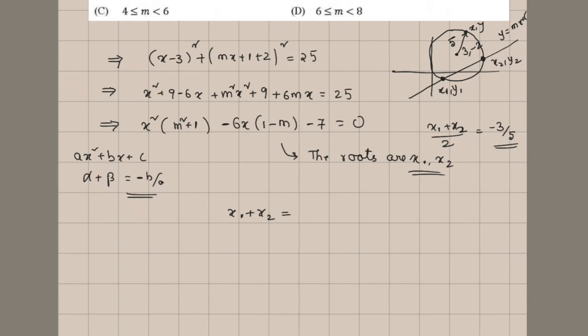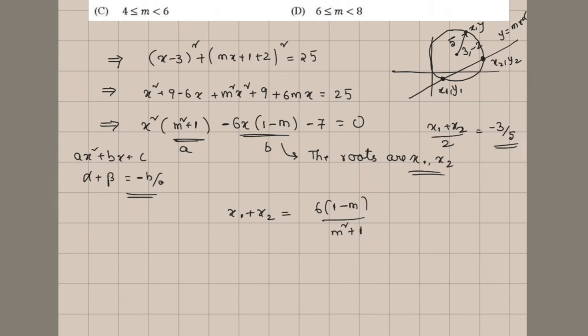Minus b is minus of minus 6 into (1 minus m), minus of minus is plus. Here a is m square plus 1.